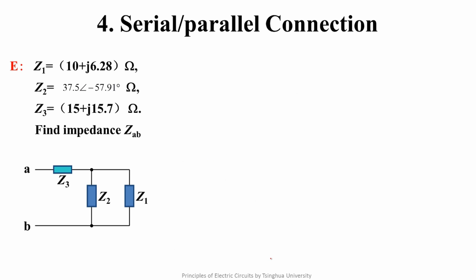With the concept of impedance and admittance, let's discuss the serial and parallel connection of impedance. In this circuit, Z1 is parallel to Z2 and then serial to Z3, and we want to solve the port equivalent impedance. We can easily get Zeq equals Z1 times Z2 over Z1 plus Z2, plus Z3.